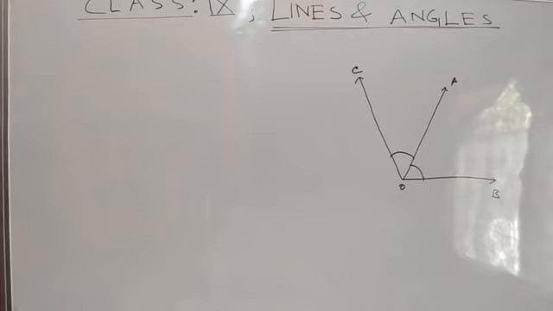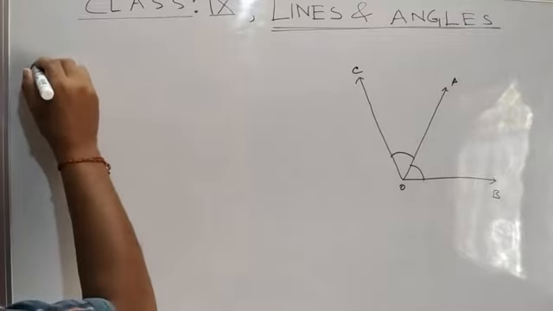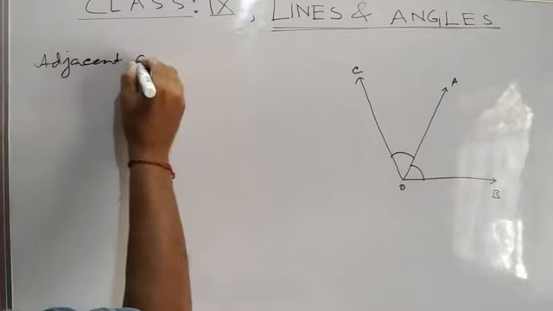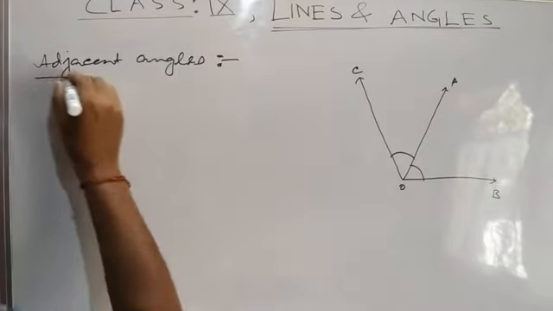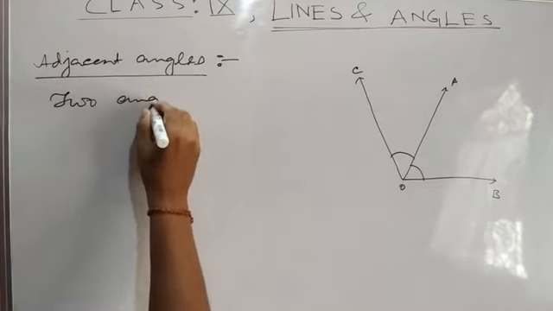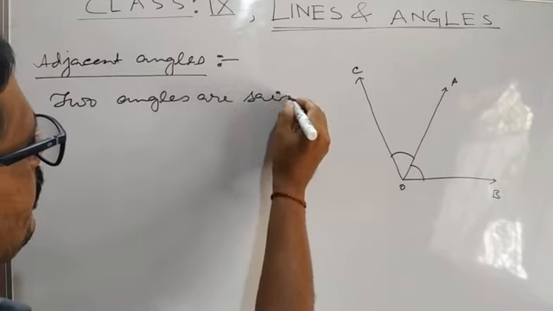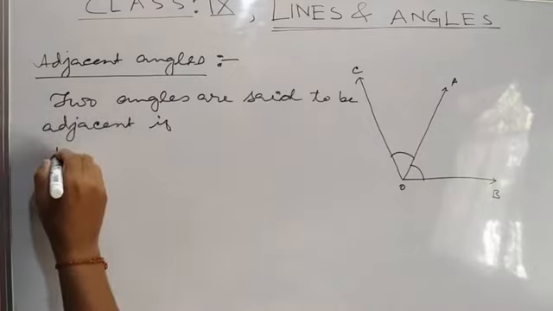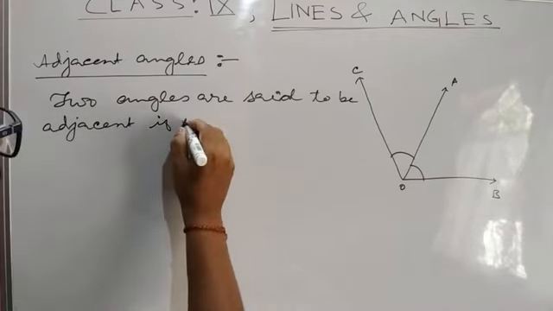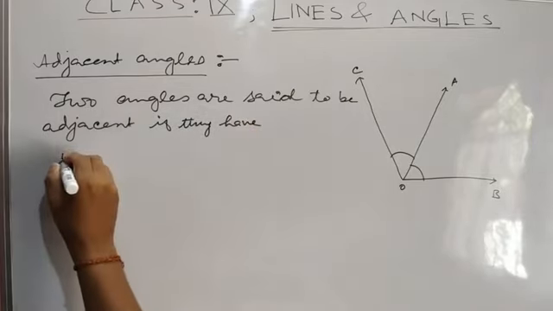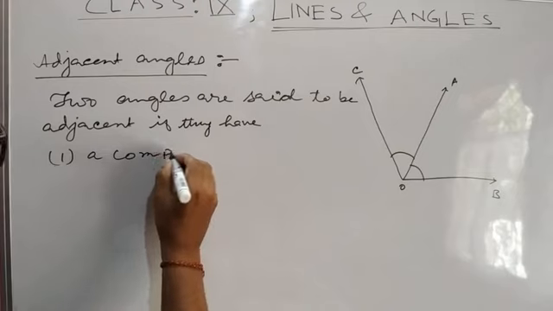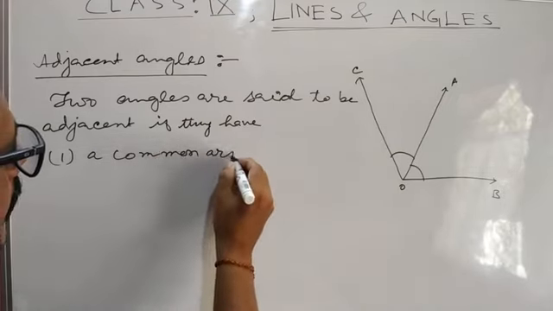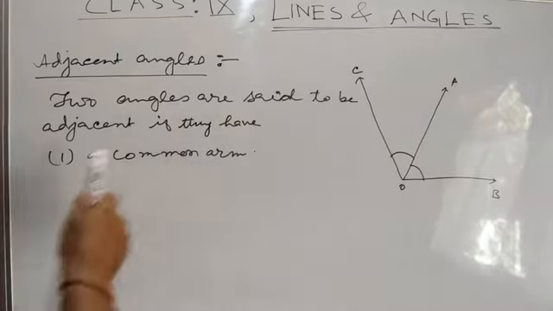So you see how to write adjacent angle. Two angles are said to be adjacent if, number one, they have a common arm.